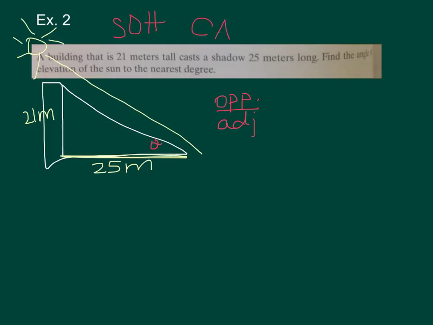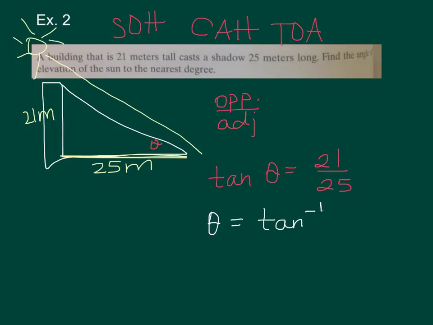So, SOH CAH TOA. So that means I'm going to use tangent again. Tangent of theta equals opposite over adjacent. So when you're actually looking for the angle, remember you use the inverse key. So to find theta, you got to do tangent inverse of 21 divided by 25.